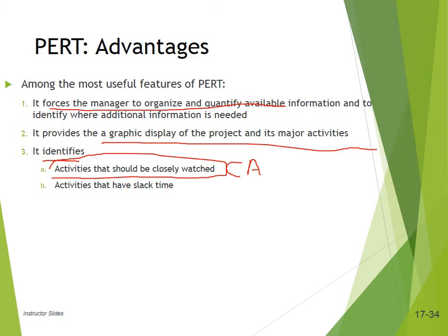He also identifies, by he I mean the project manager, activities that have got slack. Why is that important? So he can divert some of the resources from those slack activities to activities which are critical or on the critical path. So these are some of the advantages of this PERT technique.